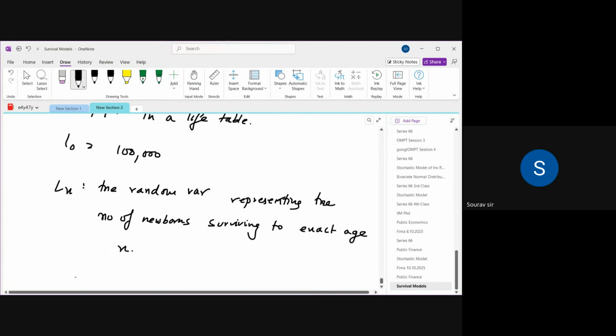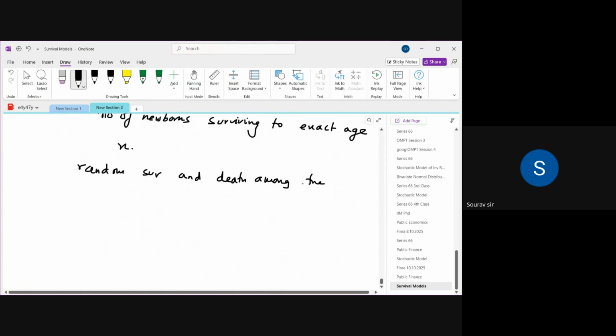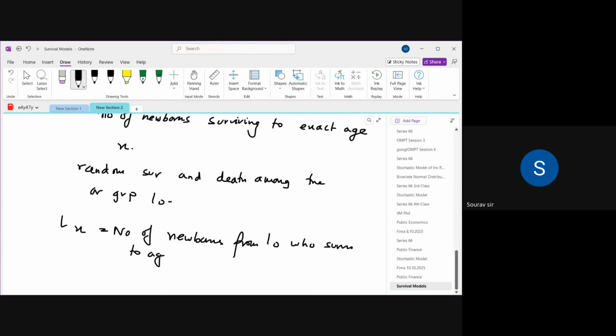So this accounts for random survival and death among the original group. Here l_x is the number of newborns from l0 who survive to age x. So here what is S(x)?